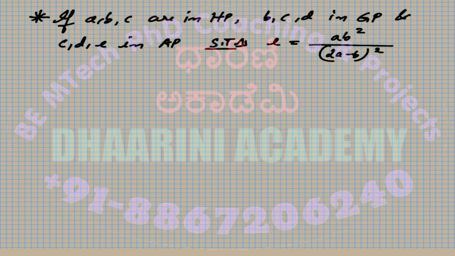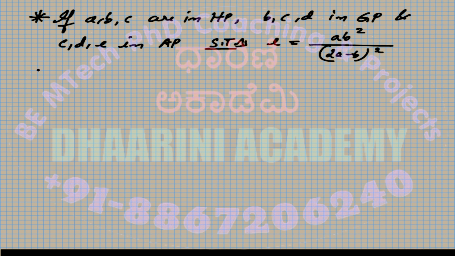Now let us try to relate the values in A, B, C. So as A, B, C are in HP, we can directly write this relationship. B is equal to 2AC by A plus C. This is obtained because it's in HP, its inverse is in AP.